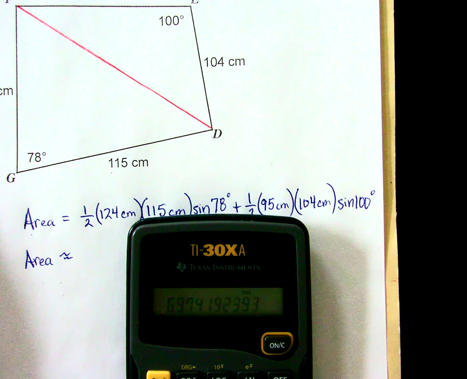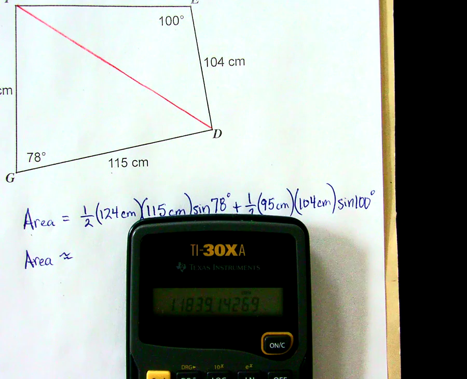Now, plus, parentheses 1 divided by 2 times 95 times 104 times, have to do the 100 degrees first, so 100, then the sine, now hit equals. So our area is pretty big here. It's about 11,839 and 1/10.